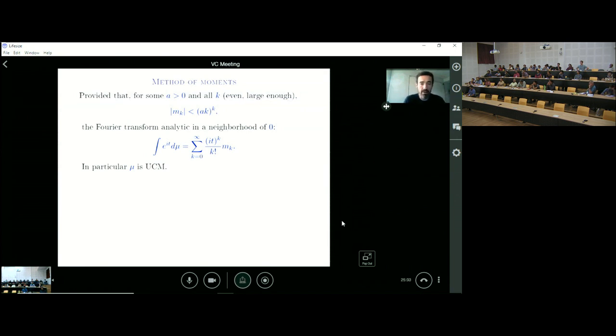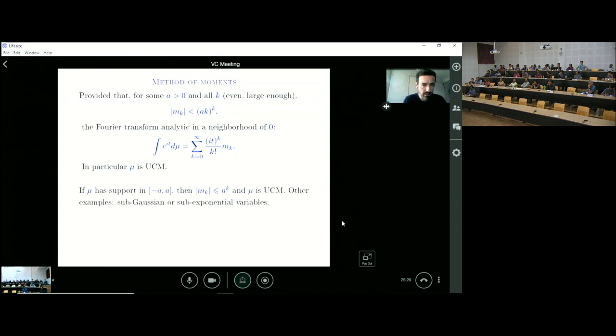Since the Fourier transform characterizes a measure, it implies that your measure mu is uniquely characterized by its moments under this growth condition.